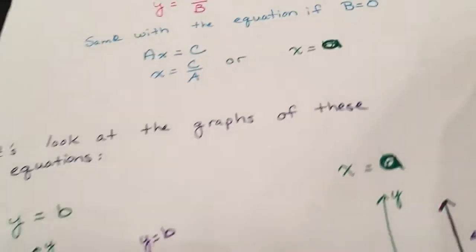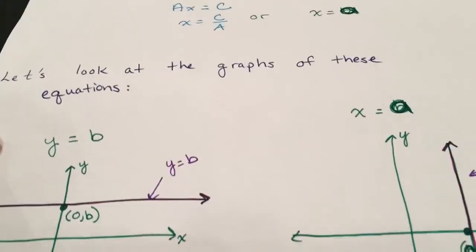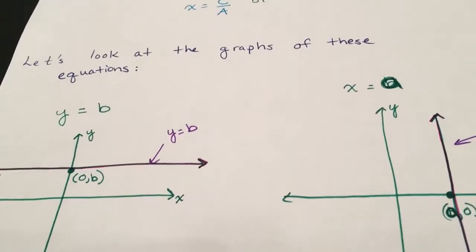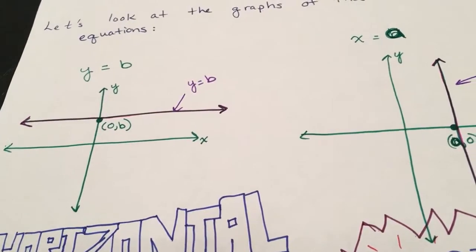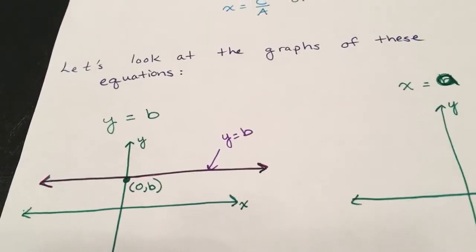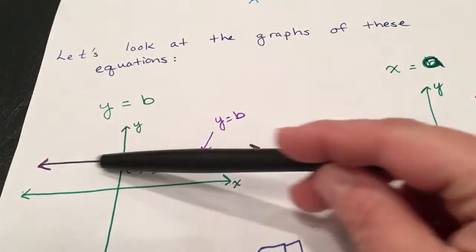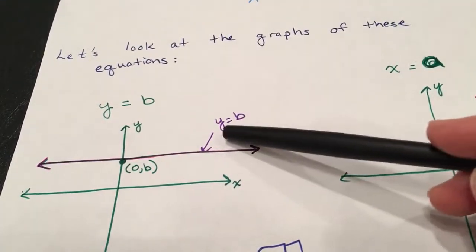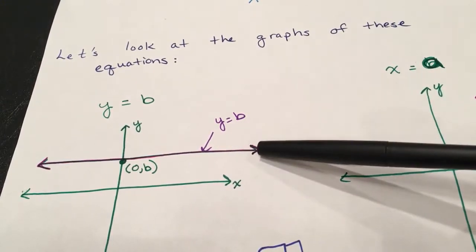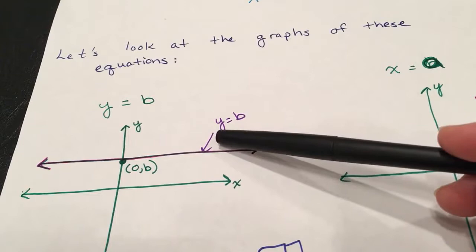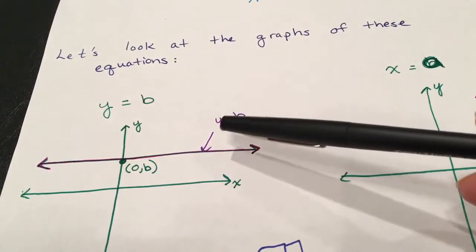Okay, so let's start with some types of graphs that you need to understand. One graph is the equation y equals b that we just found. And if you look at that graph, it's right here. There are no values of x at all, which means no matter what I put in, I'm going to get the same value for my y term.